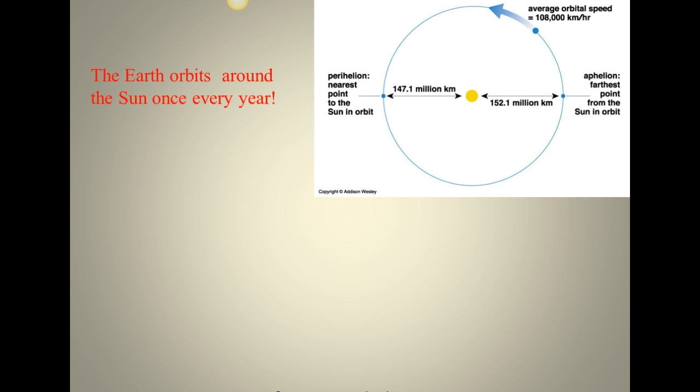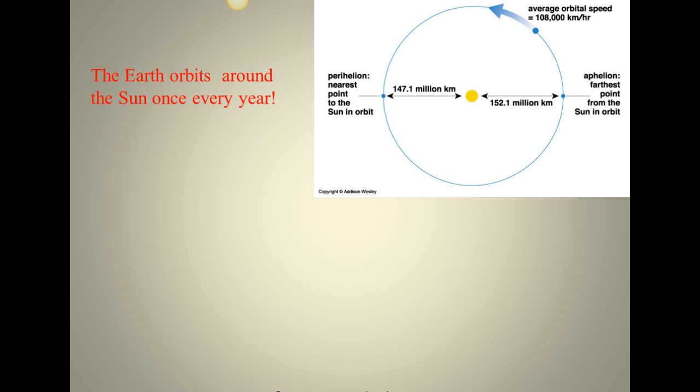So take a second and write that down now. Now write the term aphelion. Again, you can see its spelling above. Then write that it's the furthest point from the sun the Earth is in its orbit path. So take a second and write that.